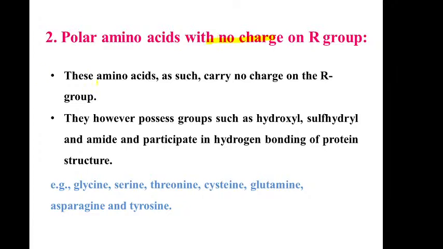These amino acids as such carry no charge on the R group. They however possess groups such as hydroxyl, sulfhydryl and amide and participate in the hydrogen bonding of protein structure. The examples are glycine, serine, threonine, cysteine, glutamine, asparagine and tyrosine.